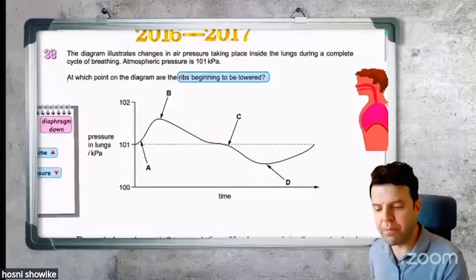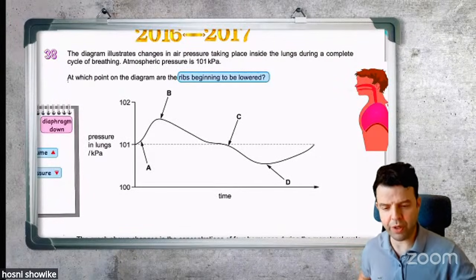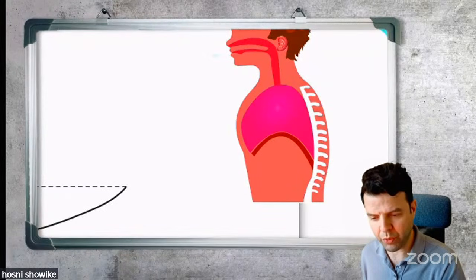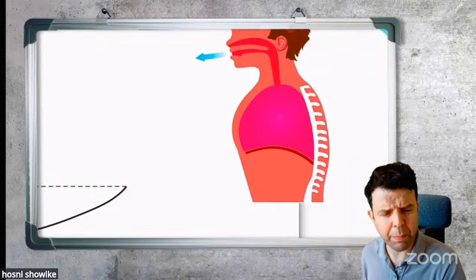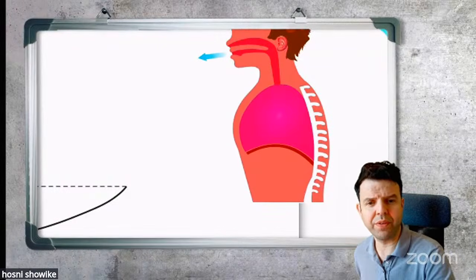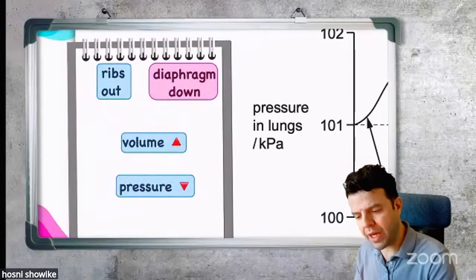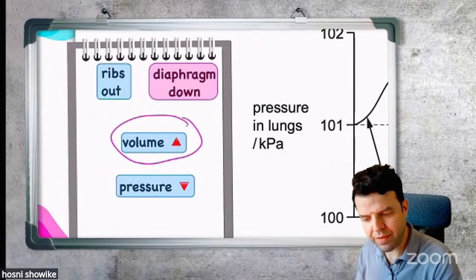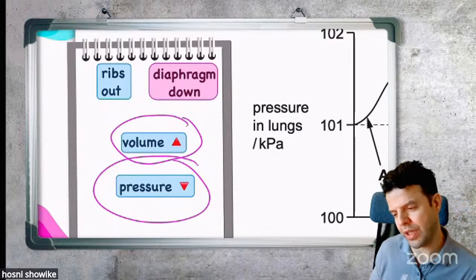Where would you expect the ribs to be? Lowered, meaning the ribs are moving down. So something like this. If the ribs are moving down, what would you expect to happen? You'd expect the pressure to rise, okay? So again, ribs out, diaphragm down, the volume will increase, and pressure should decrease, right?